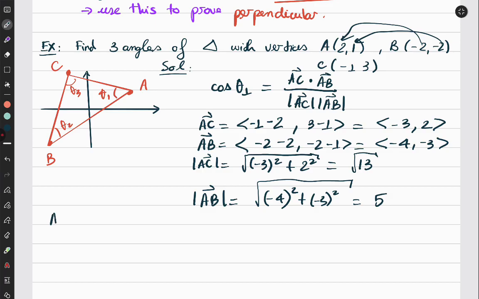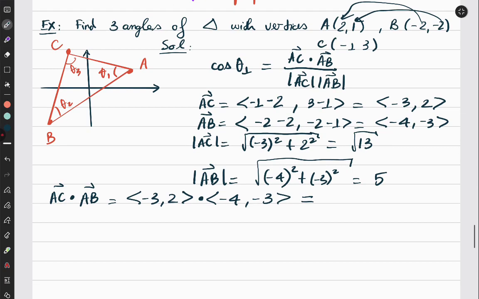Numerator, AC dot AB, which is (-3, 2) dot (-4, -3), and that is x times x plus y times y, right?